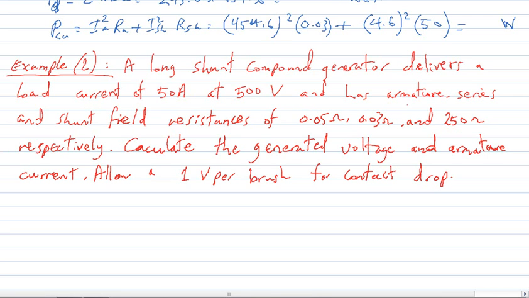It means that the armature resistance RA is 0.05, R series is 0.03, and here is our shunt. Calculate the generated voltage and armature current. Allow 1 volt per brush for contacts drop.